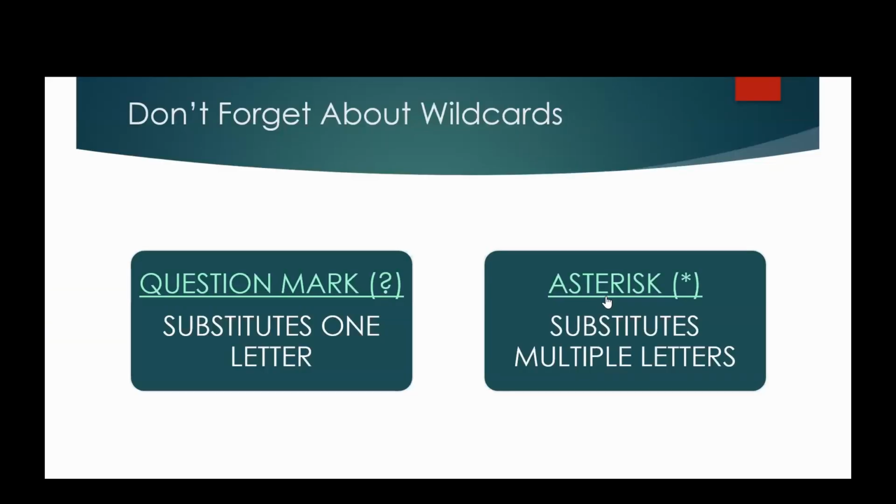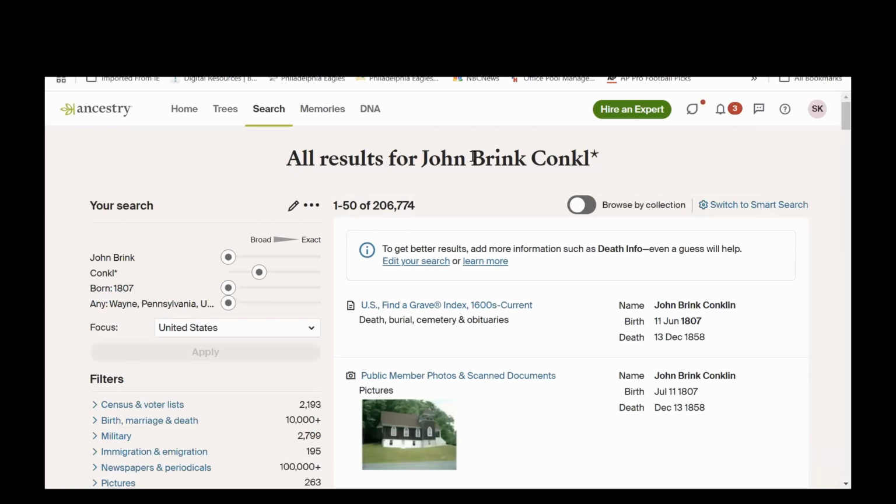The other wildcard is the asterisk. And with the asterisk, I have another relative, John Brink Conklin, who we met earlier, and his last name is also variably spelled. And so at times I find the last letters IN, at times it's YN, sometimes it's ING.